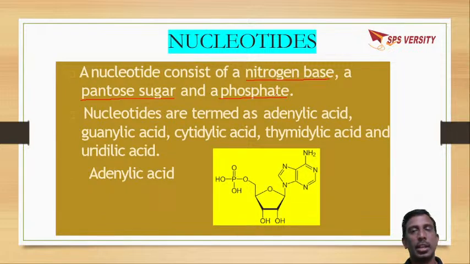So when a nitrogen base is attached to a pentose sugar and phosphate, it is called a nucleotide. A nucleotide may have types, like adenylic acid, which has the nitrogen base adenine.